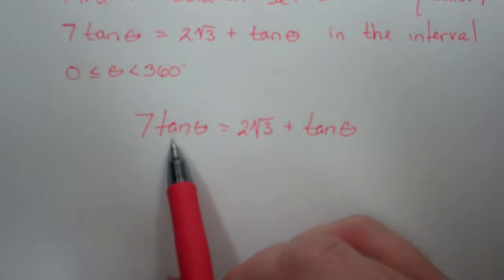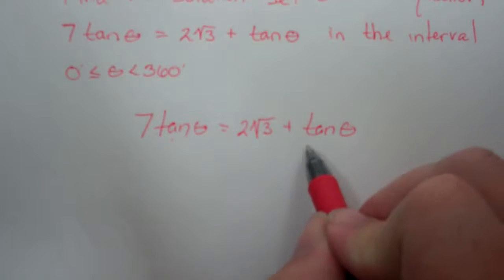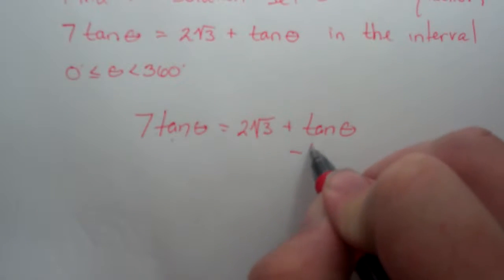So, I notice that the tangent of theta shows up on the left side and on the right side. We really need to have just one tangent on one side in the end, and so what I will do is I will subtract a tangent of theta from both sides.